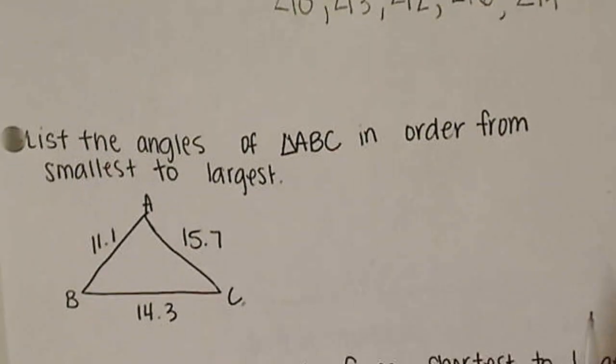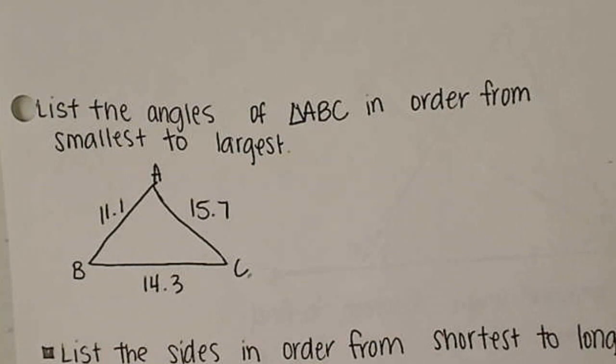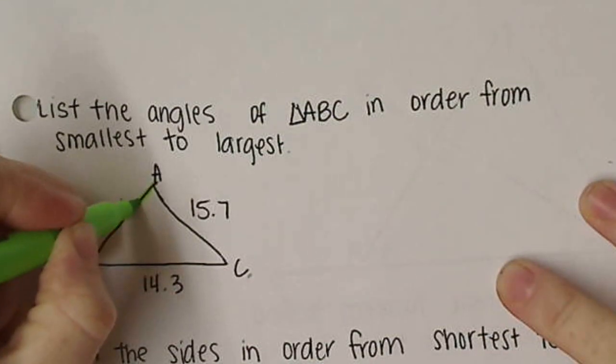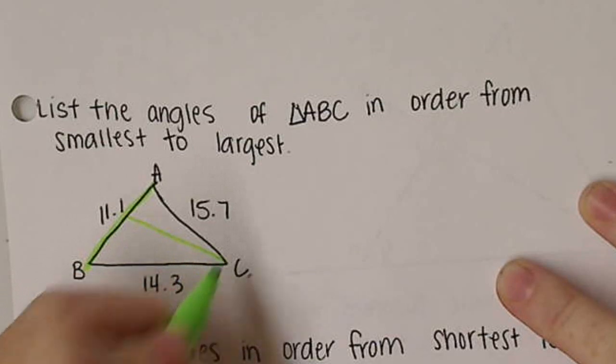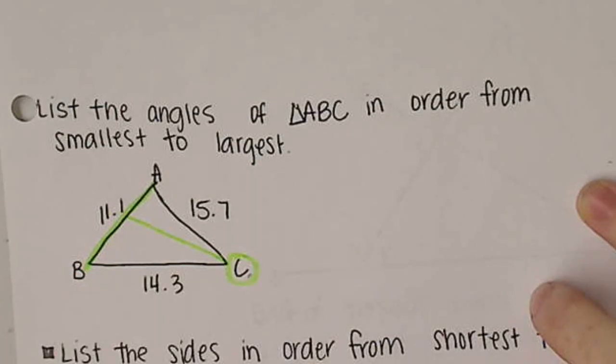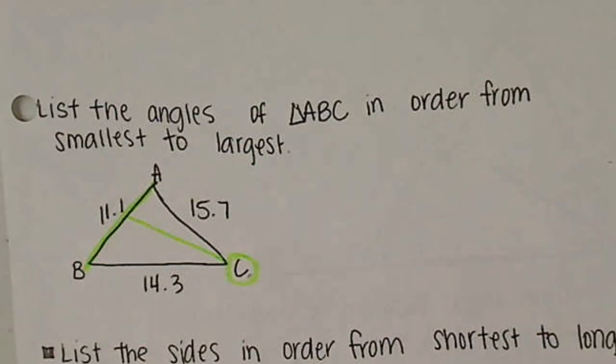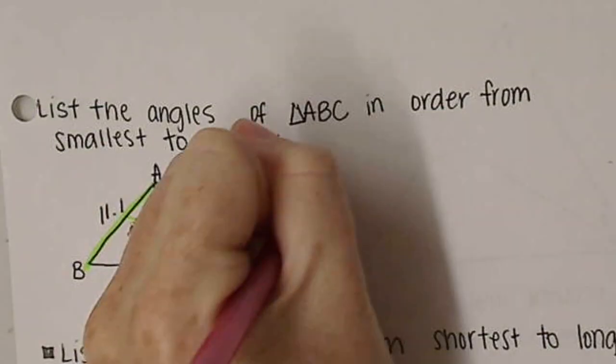Number 2, it says list the angles of triangle ABC in order from smallest to largest. And I don't know about you, but I don't see any angles. So I have to use the sides, and I have to remember that my sides correspond with my angles. This side, AB, it corresponds to angle C. That's the smallest side, so that's the smallest angle.